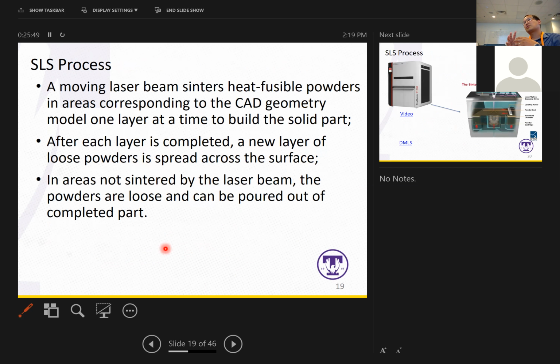After each layer is completed, a new layer will be generated by spreading new material onto the existing one and then doing the sintering. So in areas not sintered by the laser beam, the powder is loose and can be poured out of the completed part, just the same thing as what we did for the binder jetting, right?